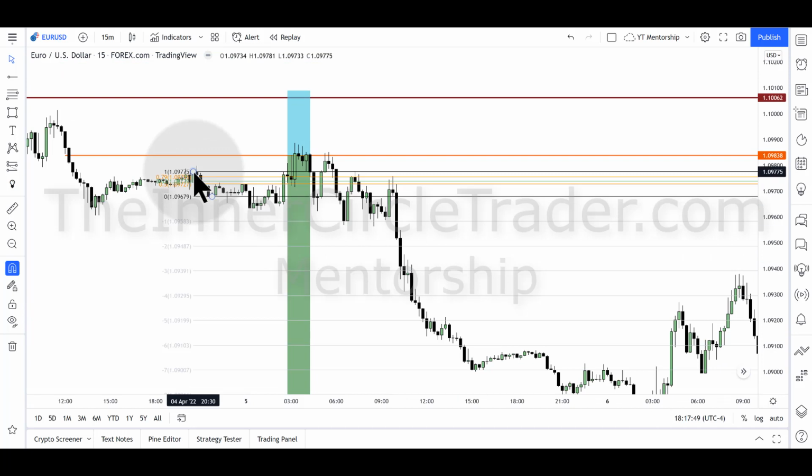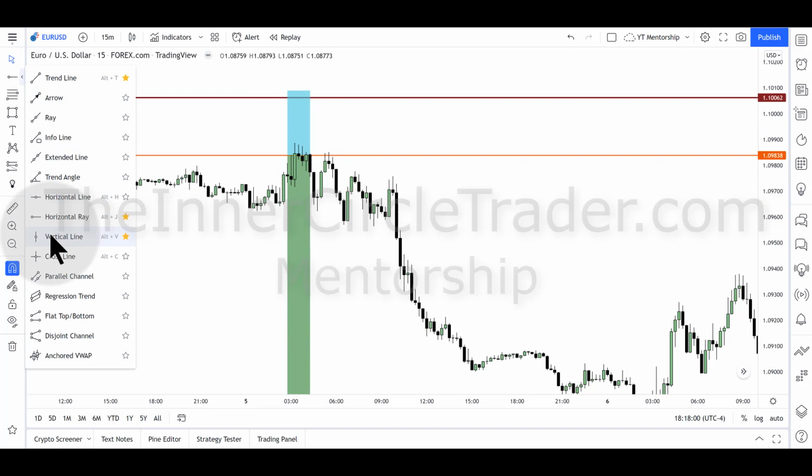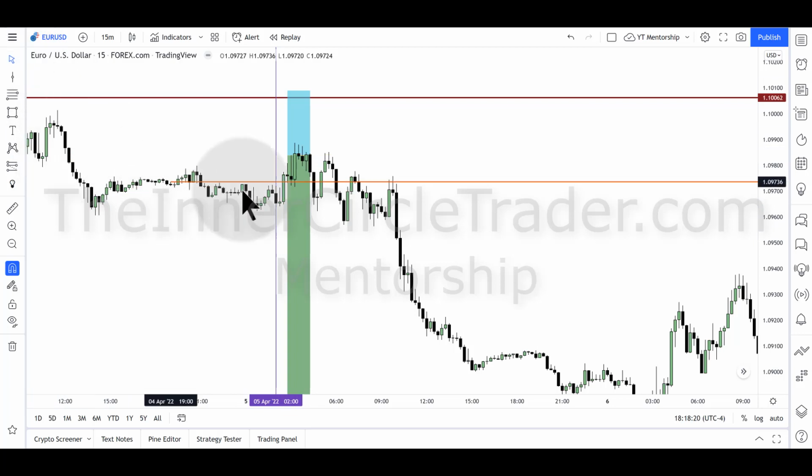So let's go back over here, and let's assume for a moment that you either missed this entry up here, or you want to use this model I'm showing you here, which is the European Open. So there's midnight. So now we're going to use 2 o'clock in the morning. So there's 2 o'clock in the morning, the opening price. I'll just use this one because we're already done with it.